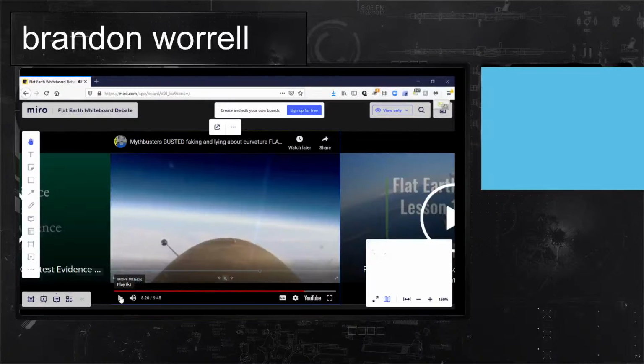Another narrow view of what's going on. That's extremely narrow. You don't see much. I mean, the horizon? I don't know what the hell I'm even looking at.